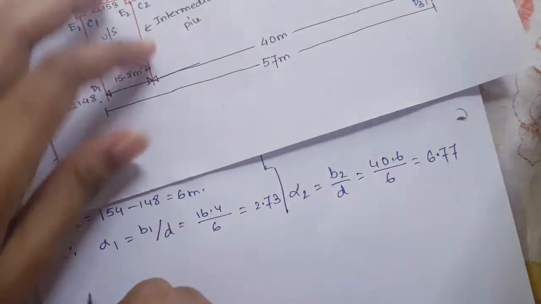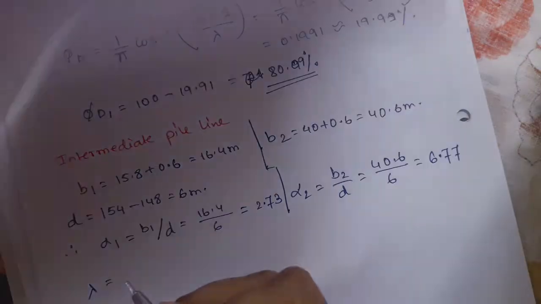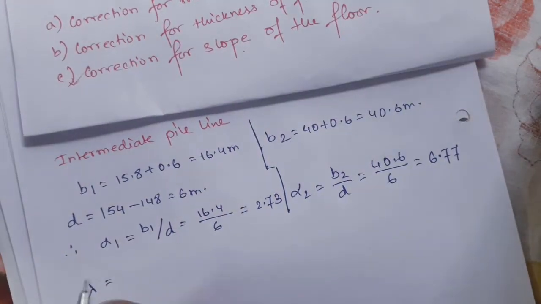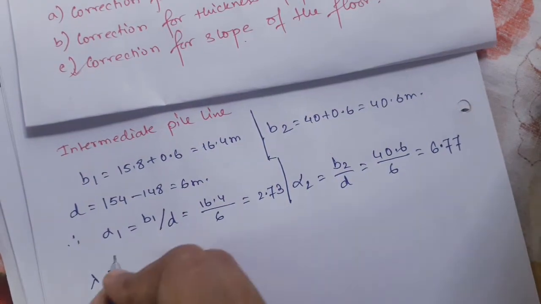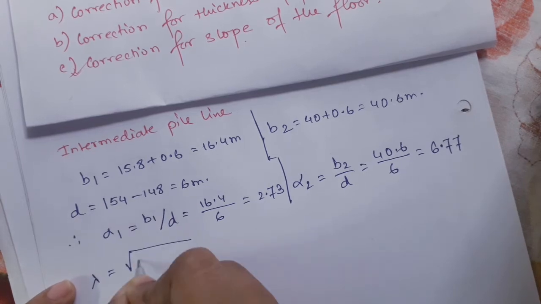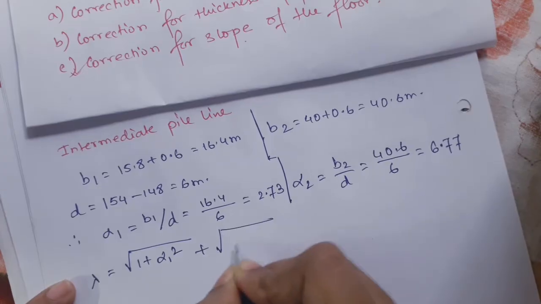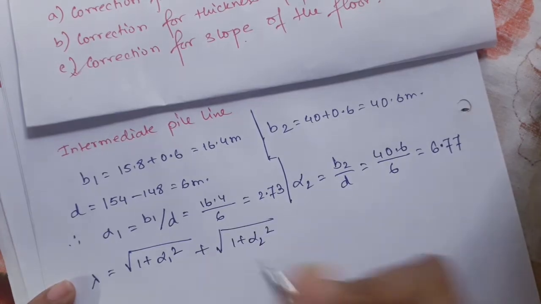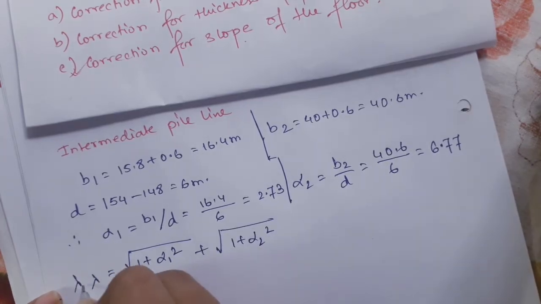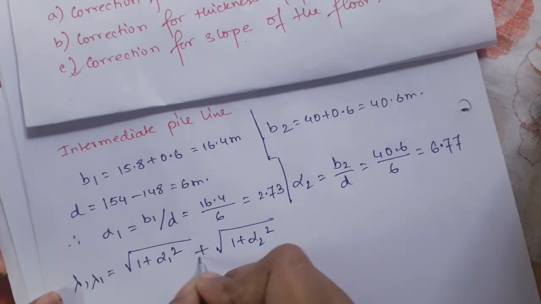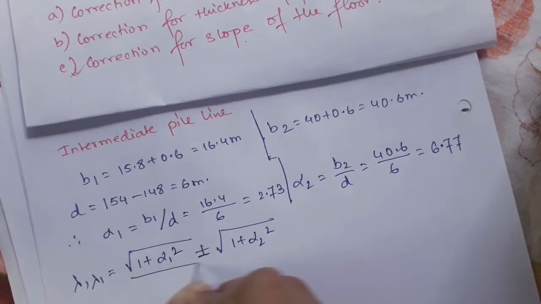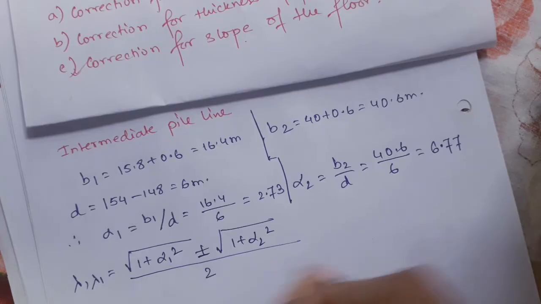So lambda is nothing but 1 plus alpha 1 whole square plus 1 plus alpha 2 whole square, and sorry, this is lambda and lambda 1, the only difference is plus minus, divided by 2.